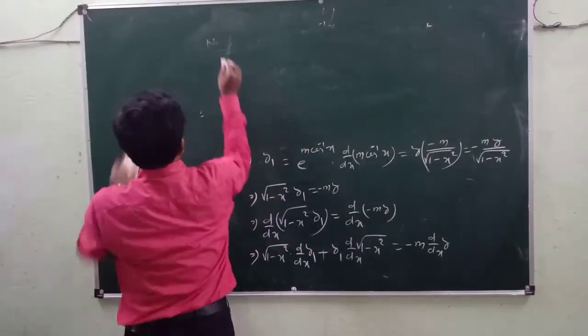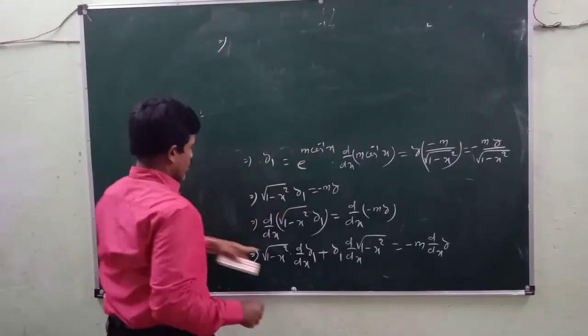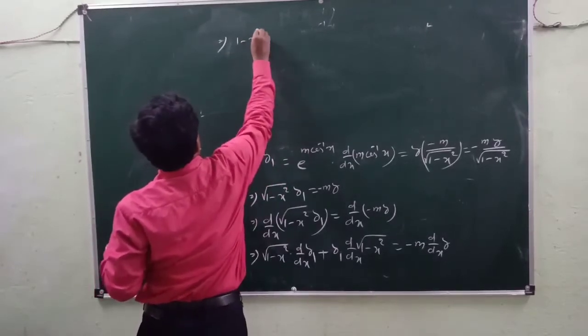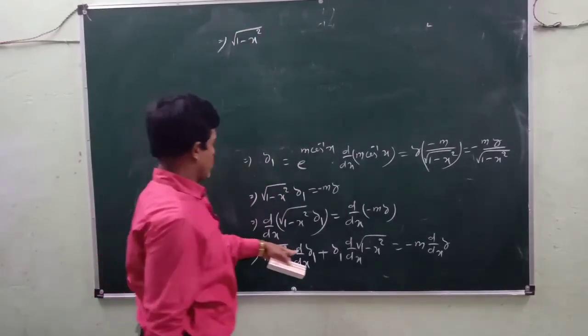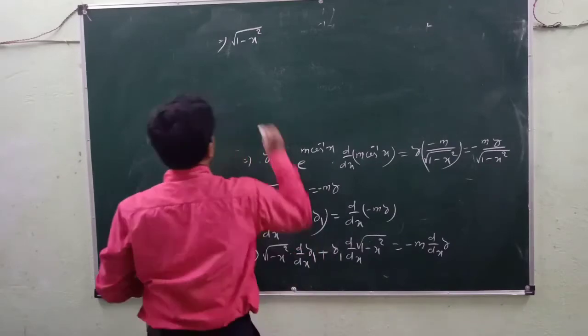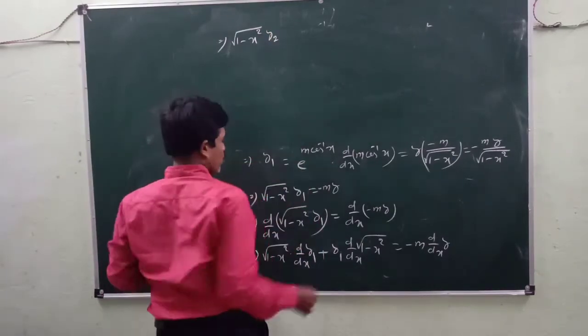That implies, here square root of 1 minus x square, the derivative of y1 with respect to x is rewritten as y2.